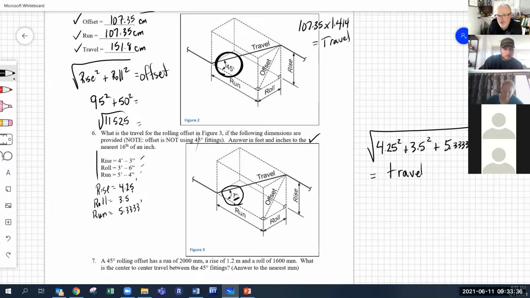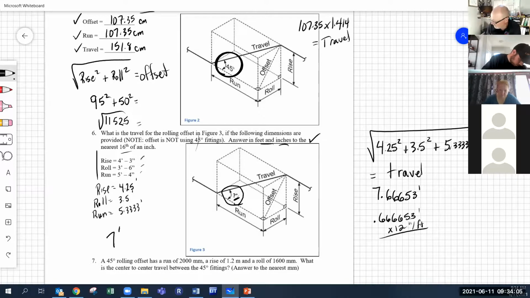And I think if you get the answer, it should be 7.66653 feet is the travel. So the answer is 7 feet, but I want it in feet and inches to the nearest 16th. So I'm going to take 0.66653, multiply it by 12 inches per foot. I get 5.97.